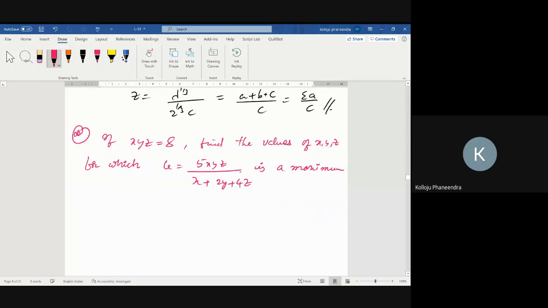Okay, so the condition is given here, the function is given here. In the function, in place of xyz, you substitute 8. So the function becomes 40 by x plus 2y plus 4z. Okay, this is one. And second one.